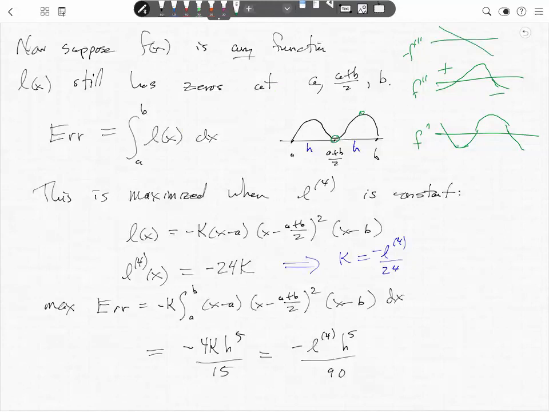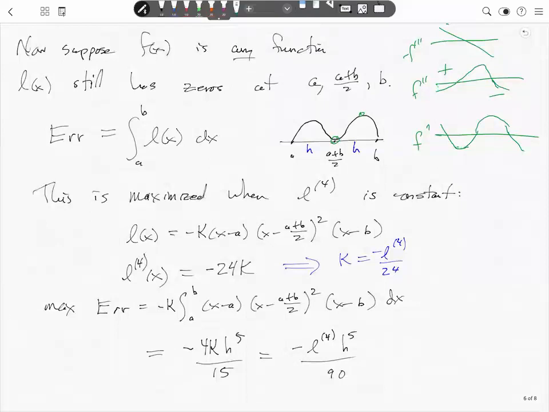Basically, we want the third derivative to be as extreme as possible, so we'd like its slope to be as great as possible. So what we really want is for the fourth derivative to be maximal. We'd like the fourth derivative to be as great as possible.